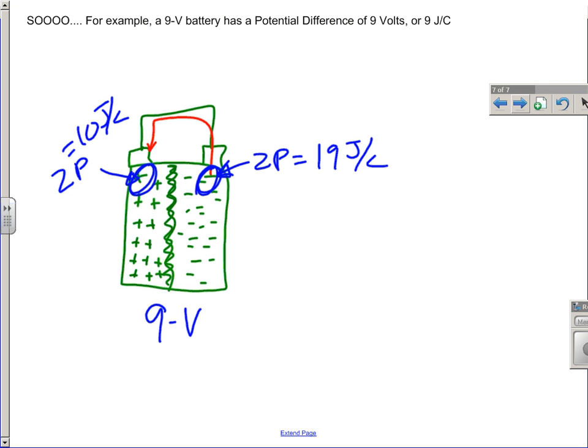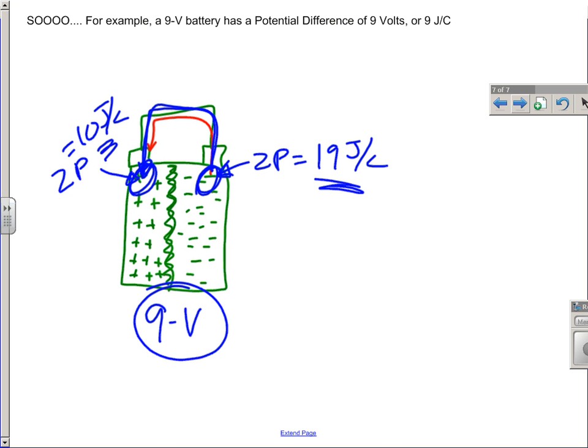But the difference between the two sides is 9 joules per coulomb, and that makes it a 9-volt battery. It's basically telling you how much energy is produced as an electron moves from one side of the battery to the other. So if you want to give a battery 9 joules of energy, then you have to move 1 coulomb of charge through the wire. It's the amount of energy per charge.